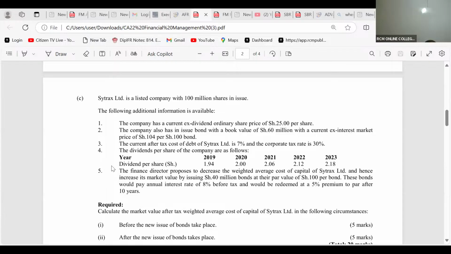Look at note number 5. The finance director proposes to decrease the WACC of CTRACS Limited and hence increase its market value by issuing 40 million bonds at their par value of 100 million.